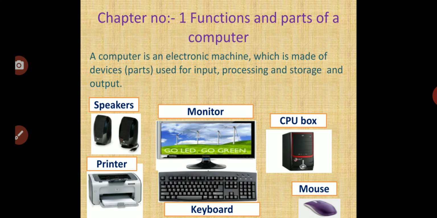And parts of a computer means monitor, CPU box, keyboard, mouse, speaker, printer. All these are known as parts of a computer. Each of these devices or parts has a special function to perform.